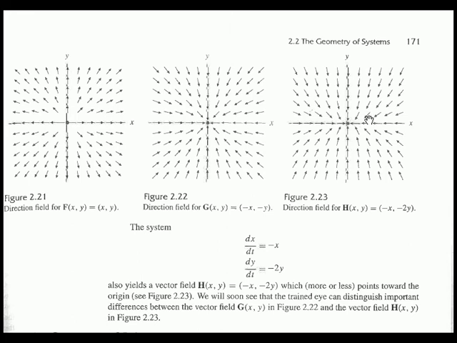But see, if you take any point x, y, for example, x equals 1, y equals 1, then x prime, y prime would be minus 1, minus 2. In other words, the rate of change of x is minus 1, the rate of change of y is minus 2 at the point 1, 1. And so there's an arrow pointing in the direction of minus 1 comma minus 2. That's the direction that you'll go.